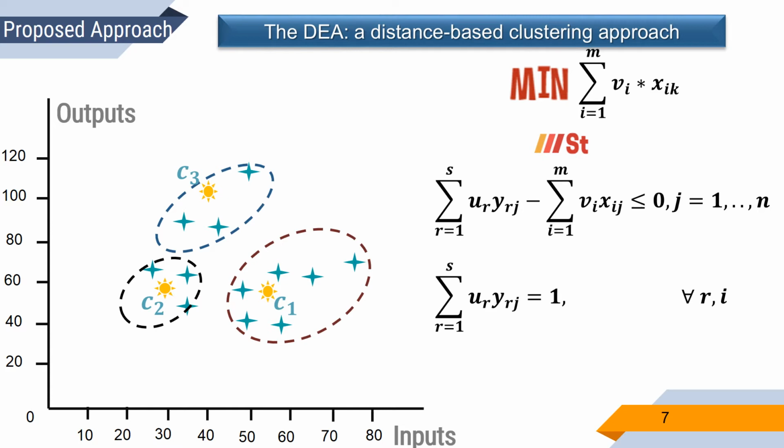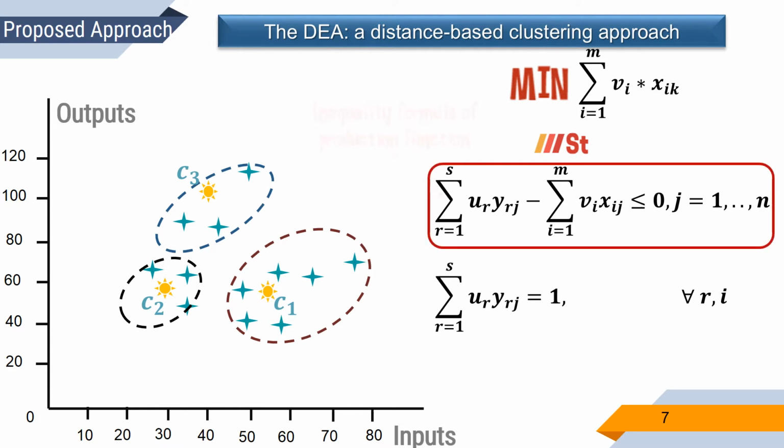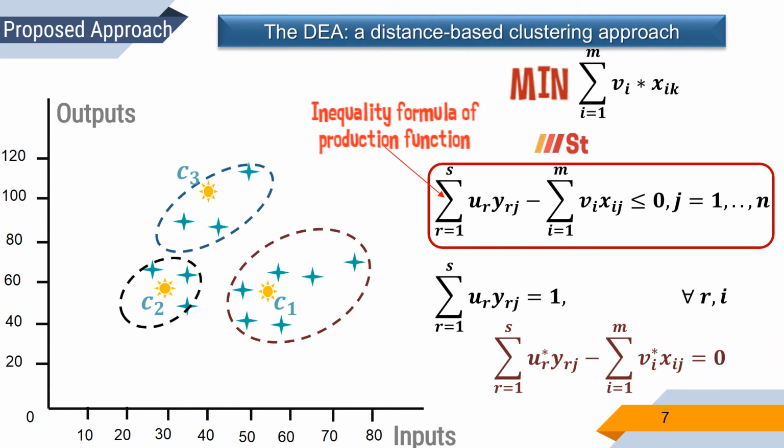This is an input-based data envelopment analysis variant which could be used to minimize the use of inputs to obtain a given output. If we refer back to the first constraint, we can notice the use of the inequality formula of production function. This highlights the implicit property of data envelopment analysis, which consists of employing production functions to transform multiple inputs into outputs.